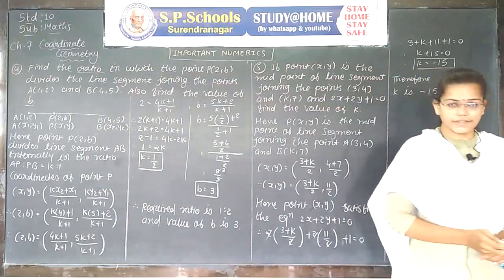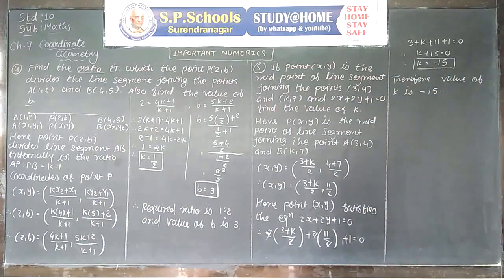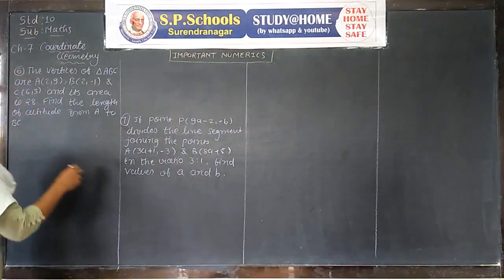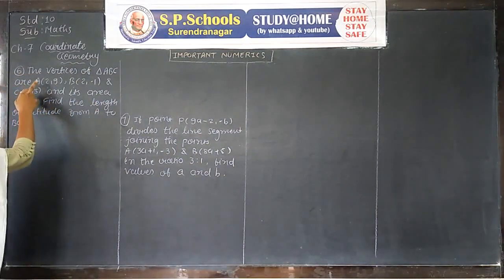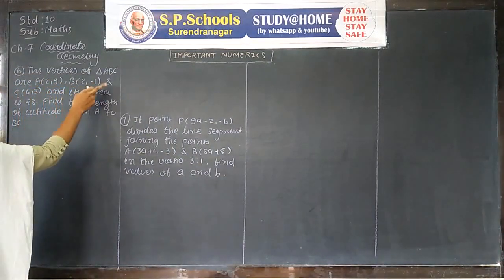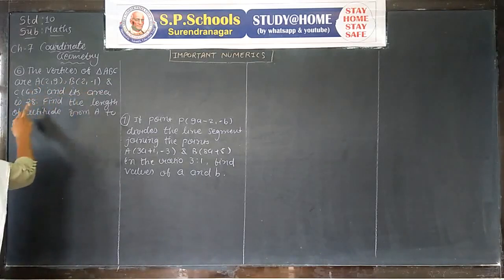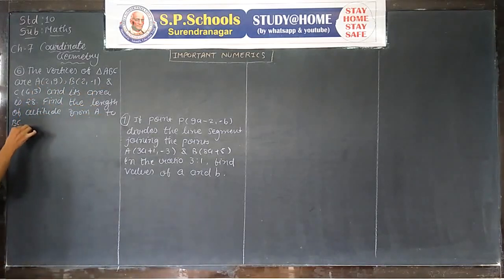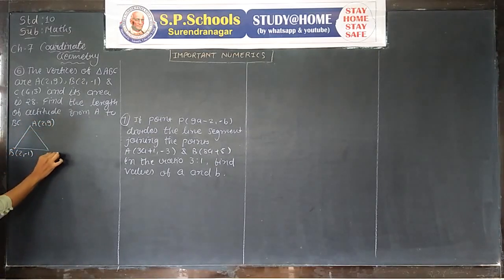Now we see the next one. The vertices of triangle ABC are A(2, 9), B(2, minus 1) and C(6, 3), and its area is 28. Find the length of the altitude from A to BC. Let us draw one triangle ABC, in which A is (2, 9), B is (2, minus 1) and the coordinates of point C are (6, 3).